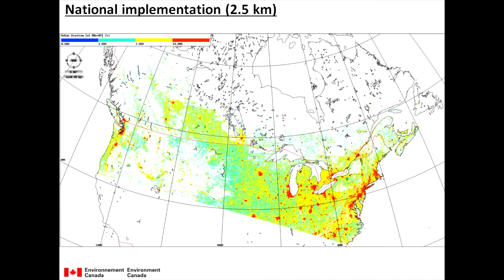But in parallel, it has been recognized that we need to put those processes in the HRDPS 2.5 kilometer system that hopefully will become the operational system very soon. So this is the representation of the national grid for the urban area fraction. You see Canada and also a lot of influence in the United States.